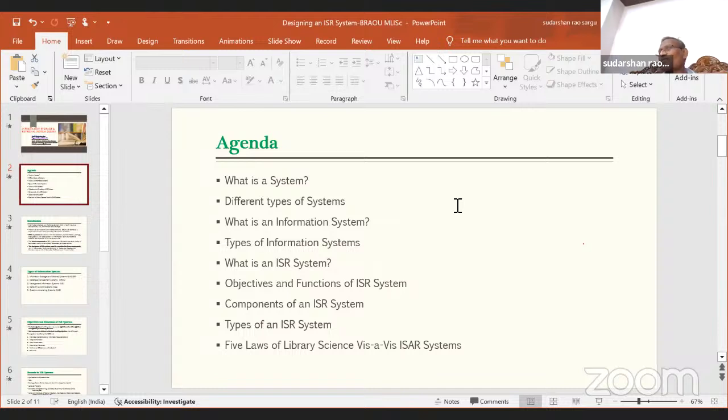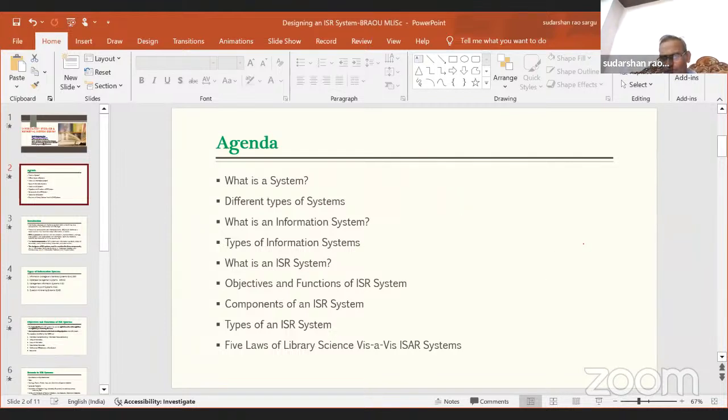Can you see my screen now? Yes, sir. Okay, fine. These PPTs I will give to your teacher concerned, and if anybody is interested, you can copy and use them also. This will be a brief summary of what is there in your core course material, so you can see it later.